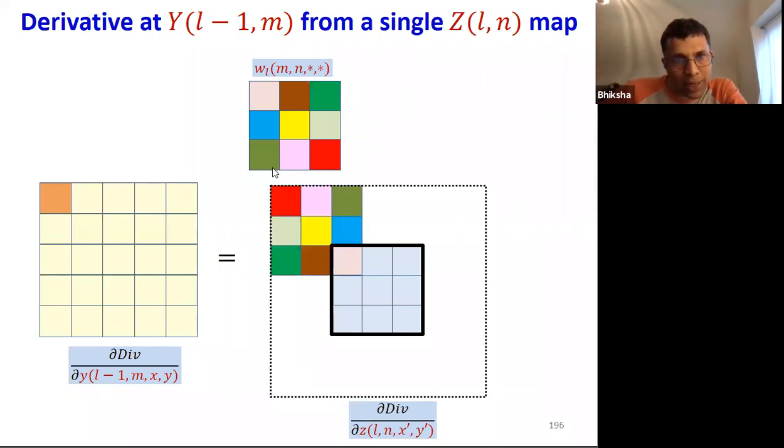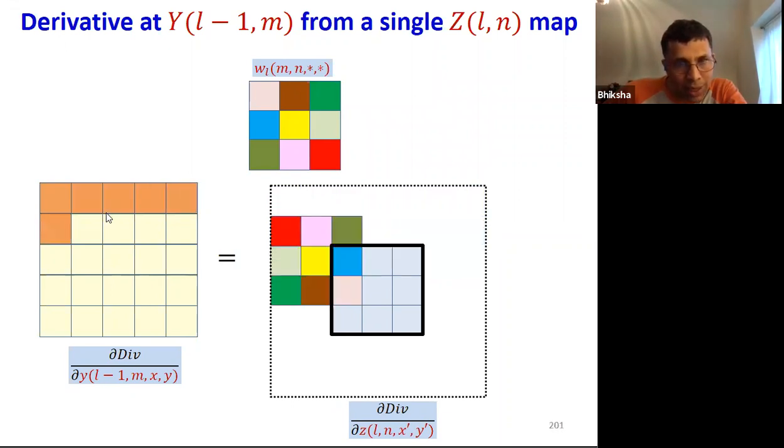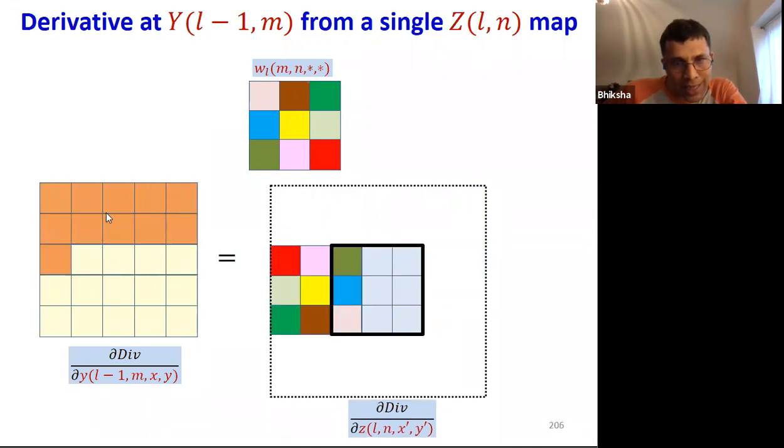And then you place this flipped filter, with the bottom right corner first at this location. Compute the inner product and you get the contribution of this one map to the derivative here. Then you keep sliding it forward and keep performing the computation exactly the same way.